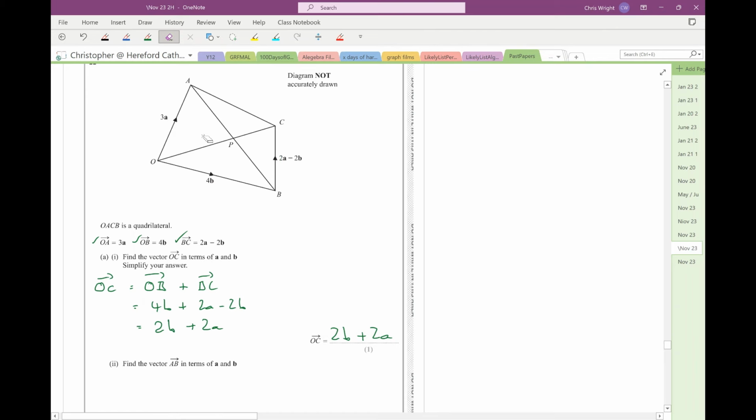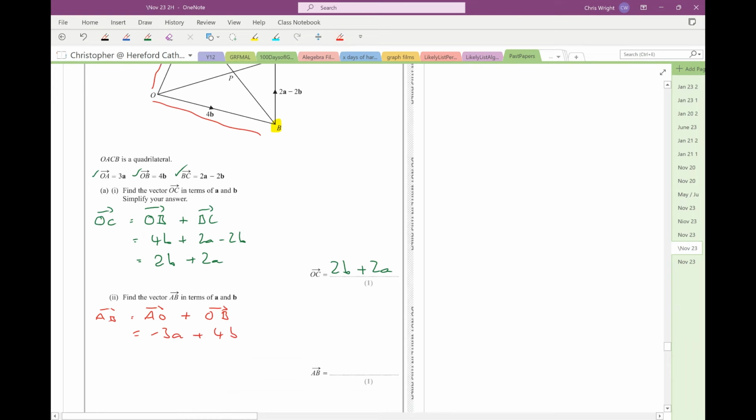Next, find the vector AB. Let's have a look. If I'm going to go from A to B, well, I'm going to go from A to O, and then from O to B. So for me, AB is going to be A to O plus O to B. O to A is 3A, so A to O is minus 3A plus 4B.